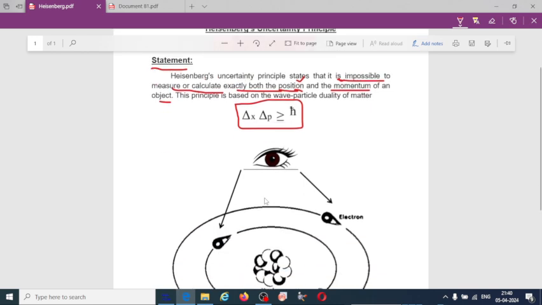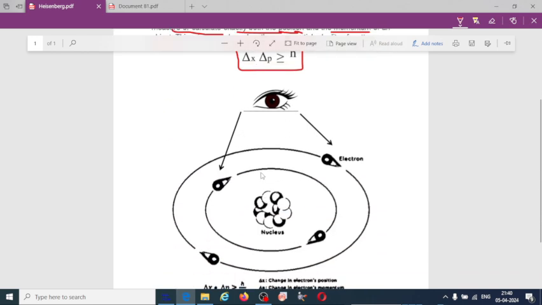Then you can understand with the diagram here. If you take the electrons which revolve in a particular orbit, if an observer wants to identify the electron's position and its momentum, it is highly impossible.